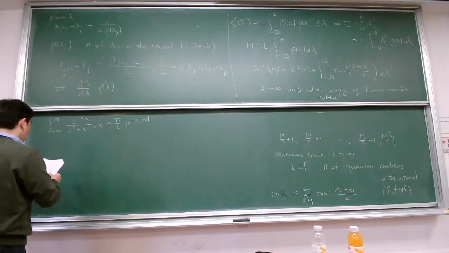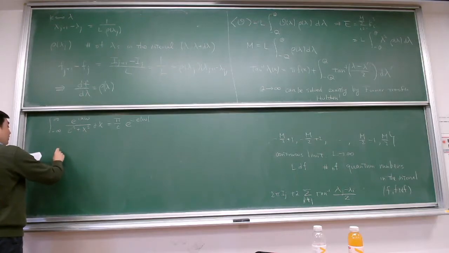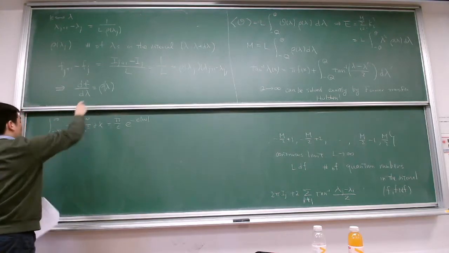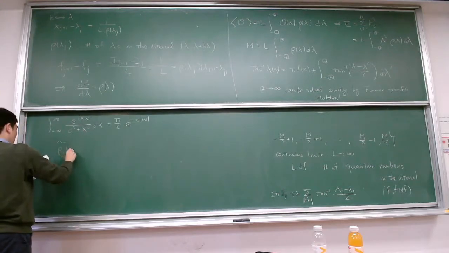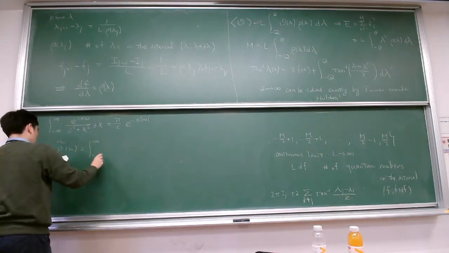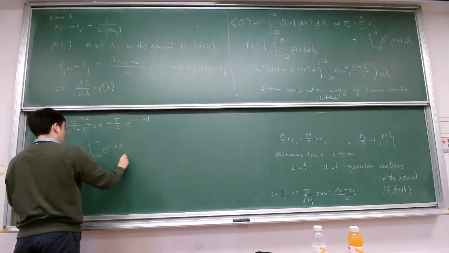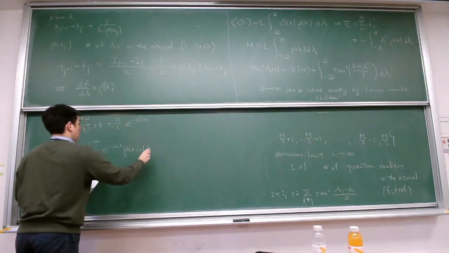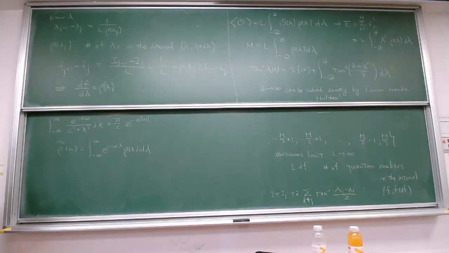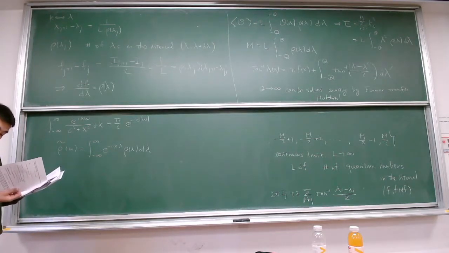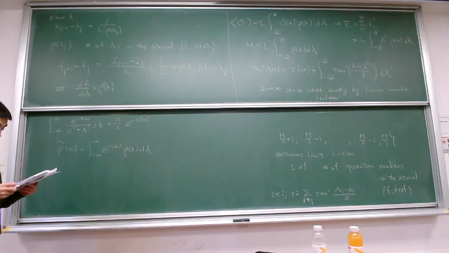So if you do the Fourier transformation of this rho, where is that rho here, rho tilde(omega) is the integral of e^(i omega lambda) rho(lambda) d lambda. Do the Fourier transformation and plug this into the equation.